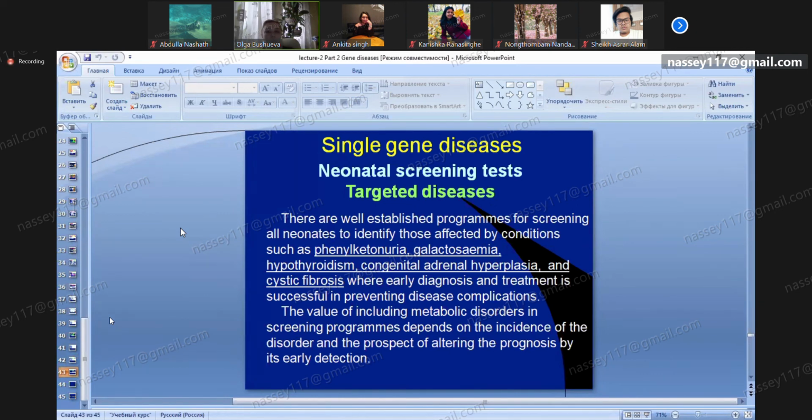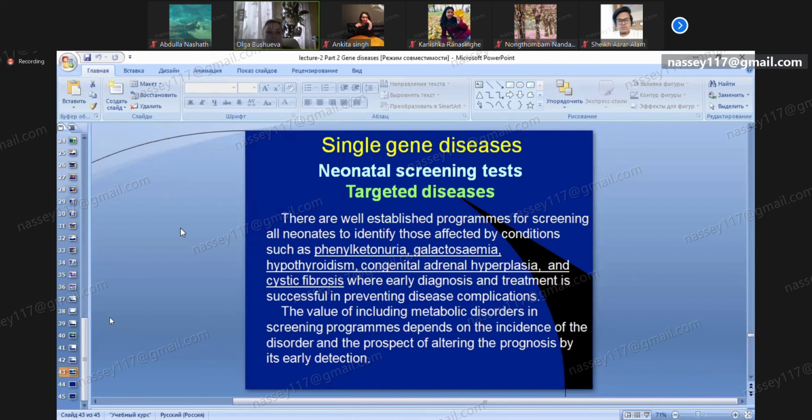Targeted diseases: there are well-established programs for screening all neonates to identify those affected by conditions such as phenylketonuria, galactosemia, hypothyroidism, congenital adrenal hyperplasia, cystic fibrosis, where early diagnosis and treatment is successful in preventing disease complications.